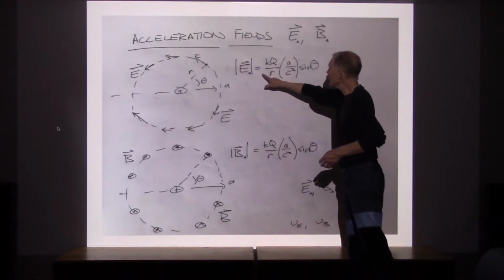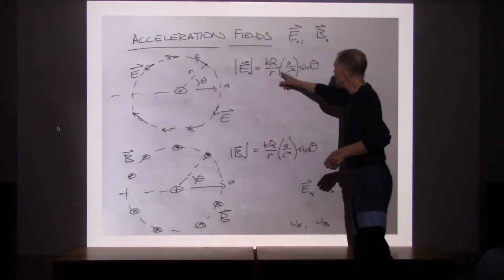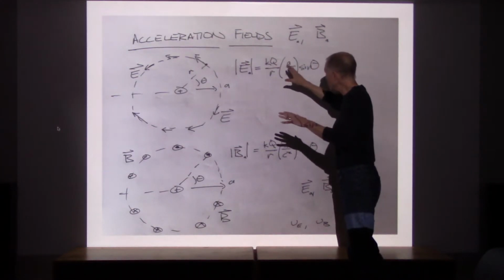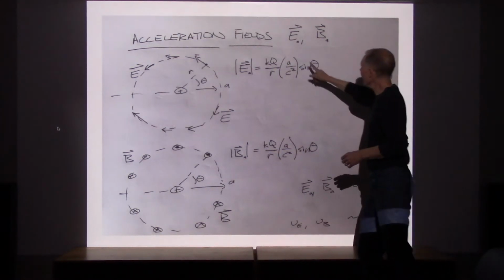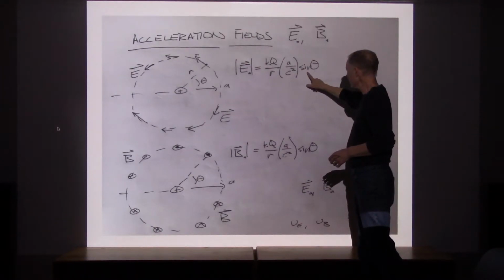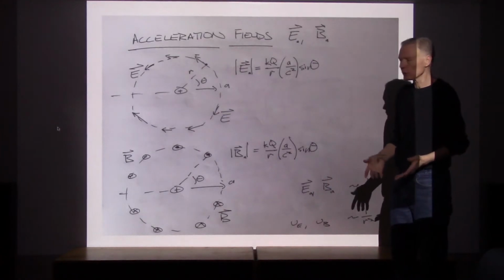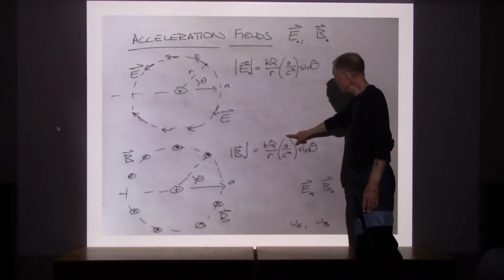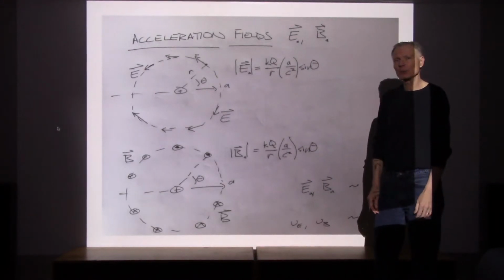So the acceleration fields, electric and magnetic, follow the magnitude formula kq over r times the acceleration divided by c squared times sine theta. Now, one of the important features of the acceleration fields is that the electric and the magnetic field components have exactly the same magnitude.